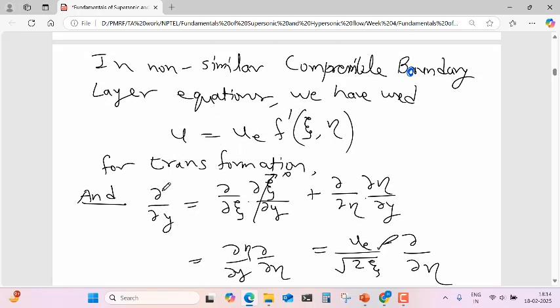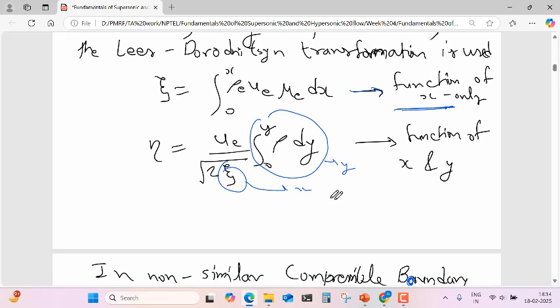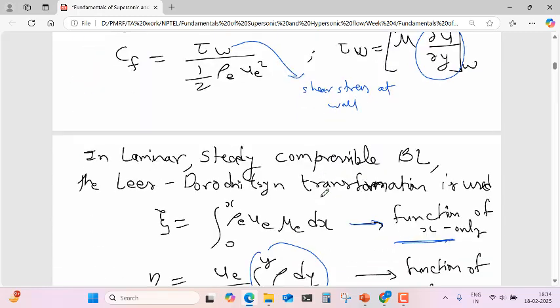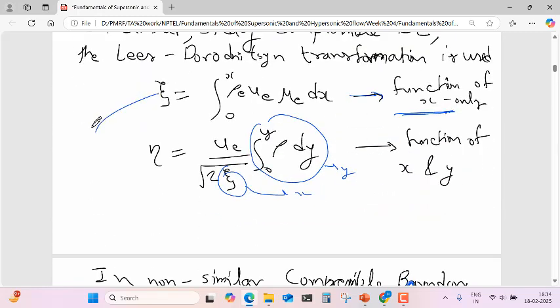Now from the definition of differentials, dou/dou y equals dou/dou xi into dou xi by dou y plus dou/dou eta into dou eta by dou y. We have seen before that xi is a function of x only, and eta is a function of x and y both.